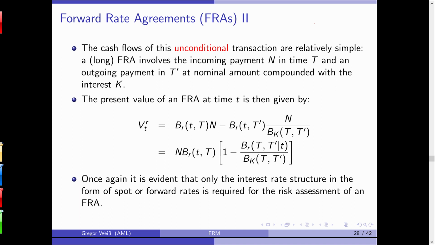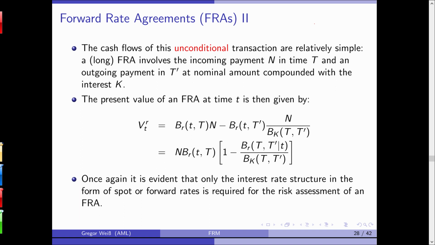A long forward rate agreement involves an incoming payment N at time T, and an outgoing payment at T' of the notional amount, compounded with the interest K. So the present value of a forward rate agreement at time t is given by the notional times the discount factor from t to T, minus the notional amount times (1 + K) times the discount factor from t to T'.